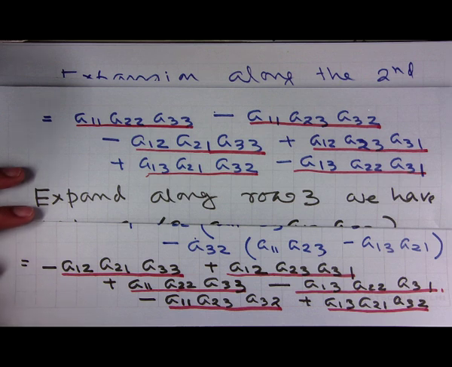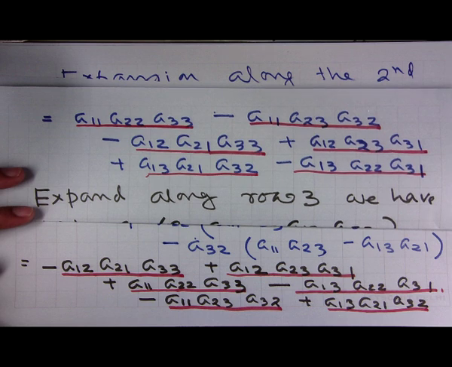Therefore, the determinant of A is the same irrespective of which row or column you have considered for its expansion.